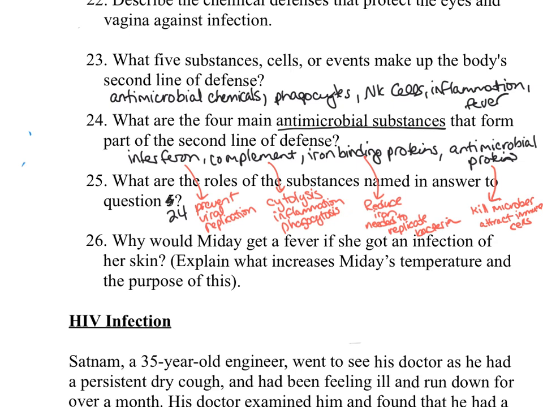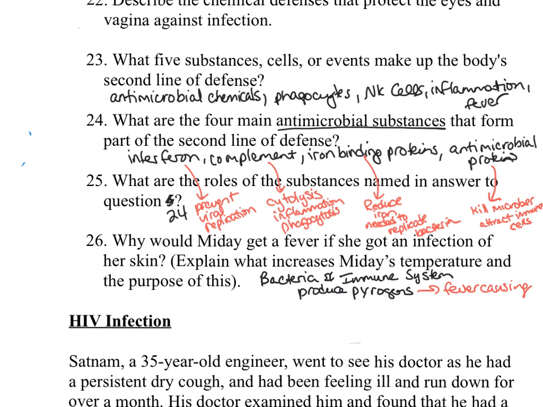And number 26, why would Madea get a fever if she got an infection of her skin? In other words, explain what increases Madea's temperature and the purpose of this. Both bacteria and the immune system produce pyrogens.